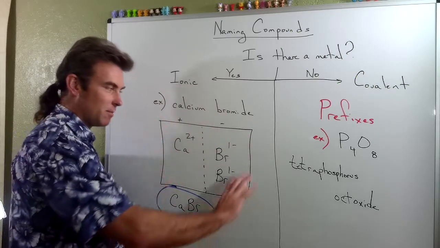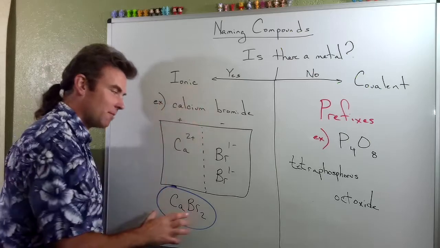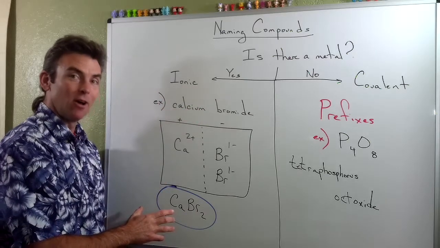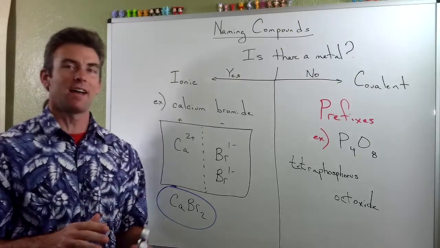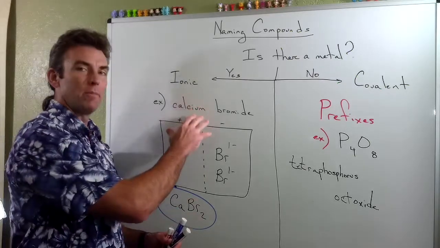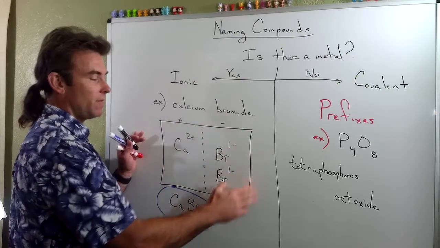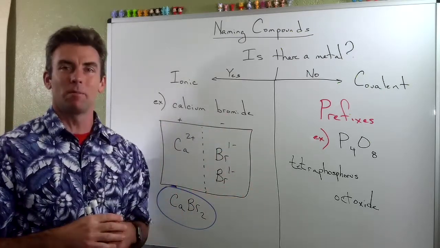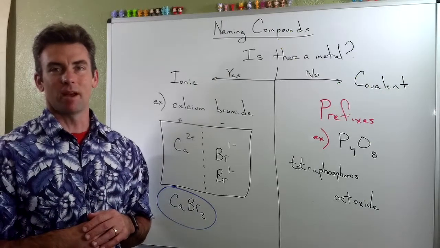This has to be balanced. This side of the world has to add up to the same amount with the opposite sign of the other side of the world. Has to. If you don't do that, you will not have the right formulas. You're going to screw up your names, as you're going to see in just a second, right? And so this work area, even though most people are going to tell me to go float my boat, is absolutely vital for you guys to get all of these right.